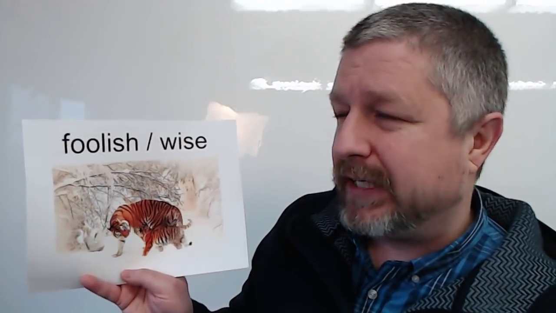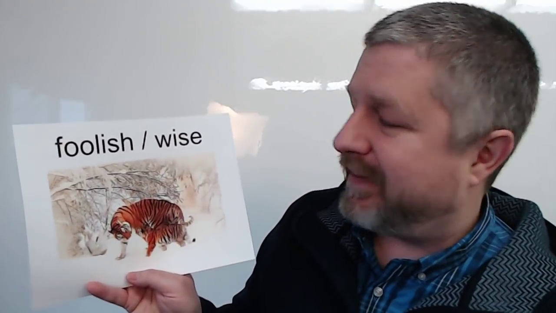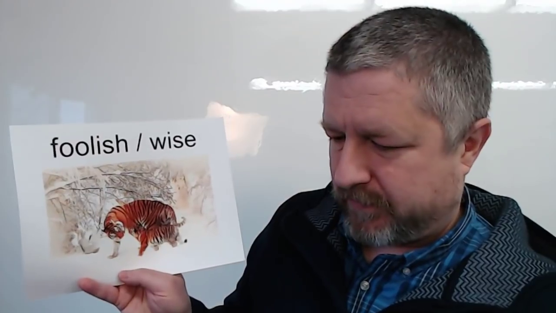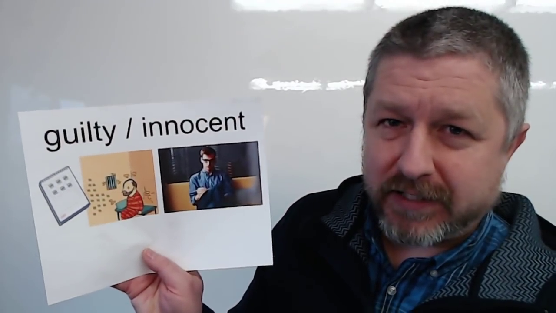So foolish, not very smart, and then wise would be more than smart. Definitely, if you're wise, you're smart, but you actually just have a depth of experience would be a good way to say it.